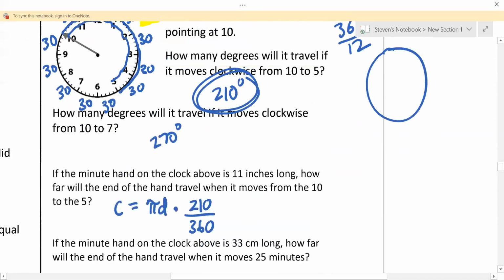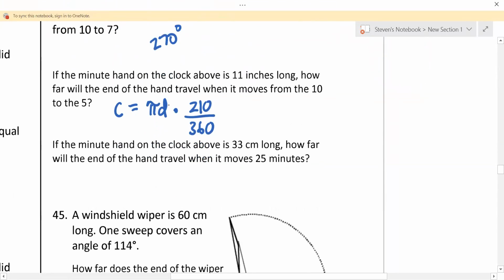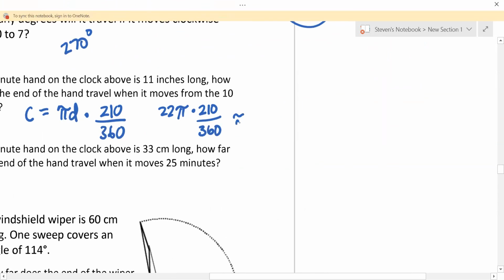That's all we're going to do. It says the minute hand of the clock is 11, so that would be the radius of the circle. The diameter is just times 2. 11 times 2 is 22. So I'm going to say 22 pi times 210 divided by 360. And then from here, you just let the calculator do the work.